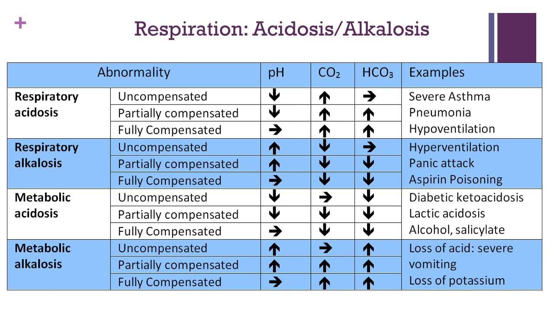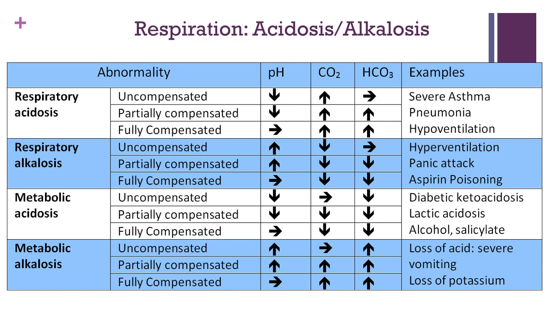So on this side, we show acidosis and alkalosis. Essentially, when we're talking about pH and hydrogen ions, we're talking about acidosis and alkalosis, and this can be either respiratory in origin or metabolic in origin.